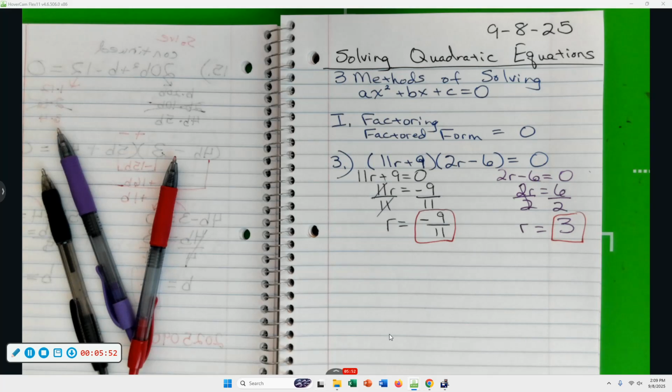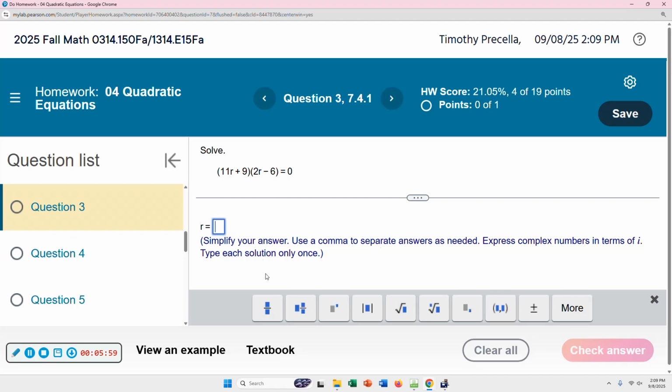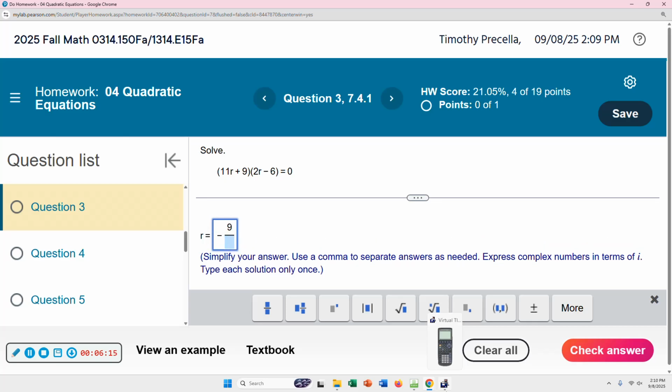So we switch back to my lab. And notice they've already written the r equals. So all we need is negative 9 over 11. I'm not even using the fraction button here this time. If you're just punching in number over number, you can just use that little slash on your keyboard.